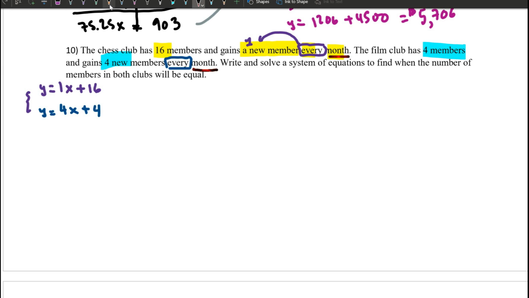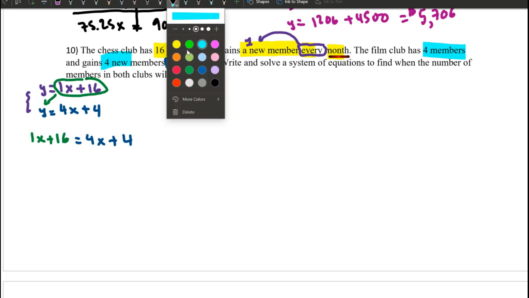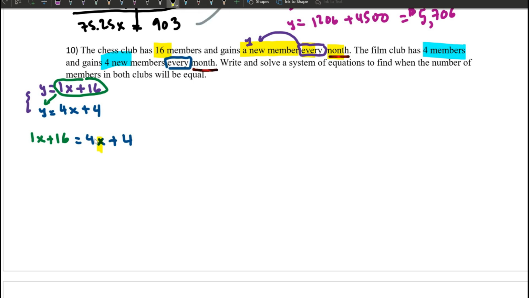Okay, so now we're going to solve this by the same method, substitution. That will give you 1x plus 16 equal to 4x plus 4. Variable on both sides, so we're going to subtract 1x from both sides. 1x minus 1x will cancel each other out.